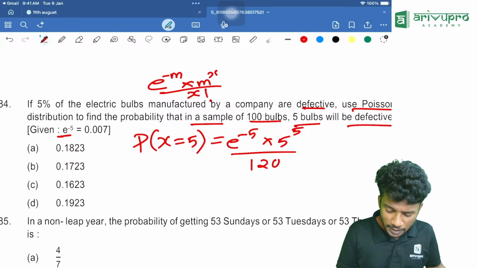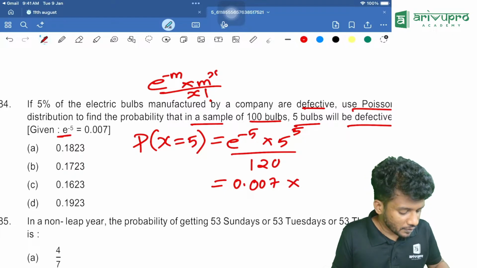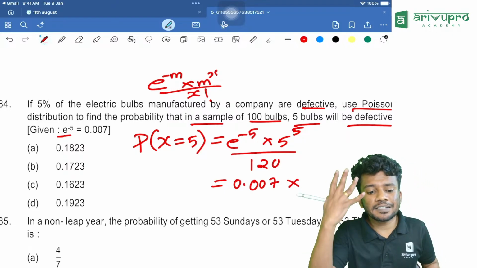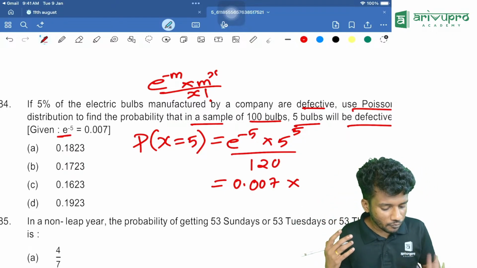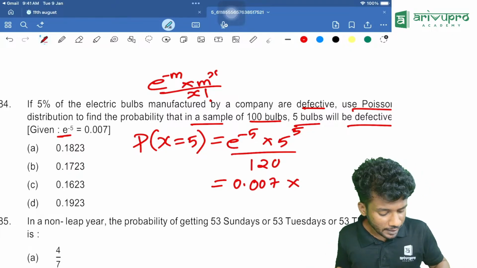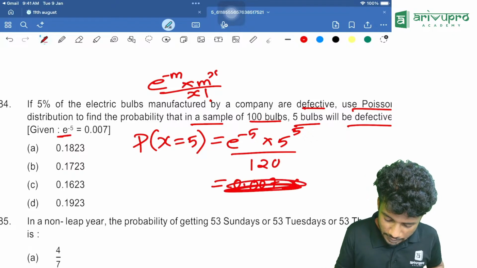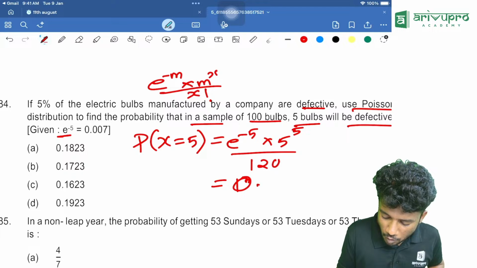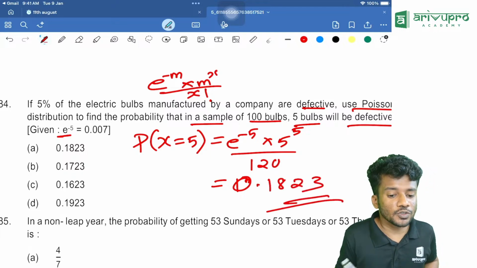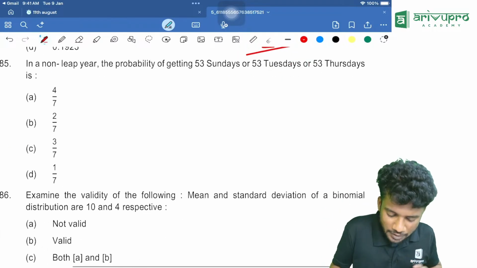Directly use the formula and get me the answer, which is equal to 0.007 into 5 raised to 5. 5 into itself how many times? 4 times. 1, 2, 3, 4. Then multiply it with 0.007. Then divide it with what? The 120. How much are you getting? 1.1823 is your answer. Option A is your answer. Got it? Yes. Next one.